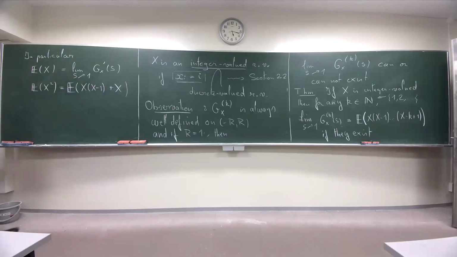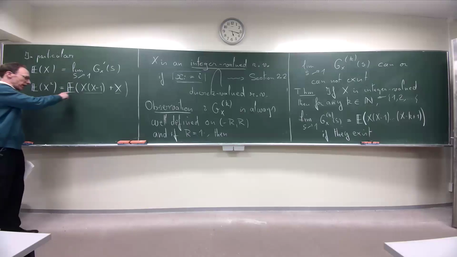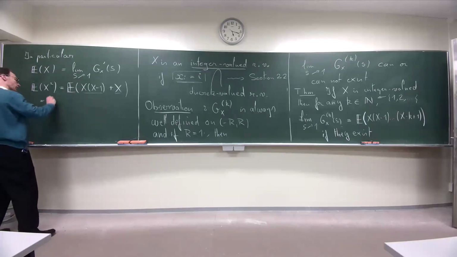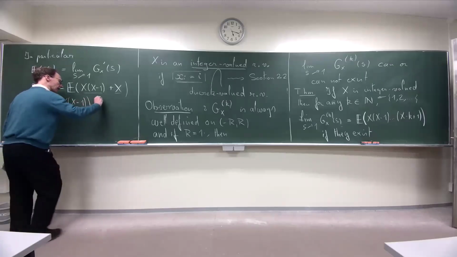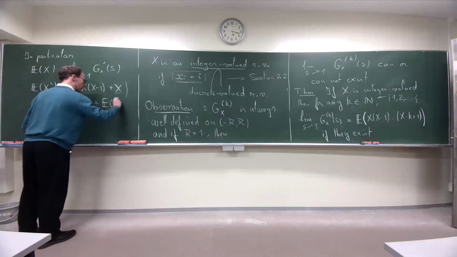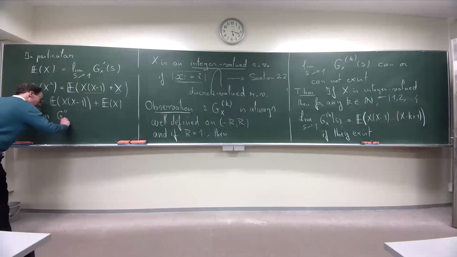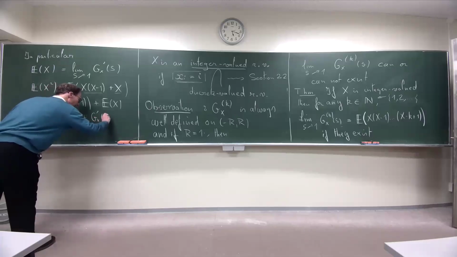And just before I mentioned, whenever you have two random variables, the expectation is linear, so I can write this as the expectation of the first one plus the expectation of the second one. And now if I use this formula, we have that this is equal, if it exists, the limit when s goes to 1 of g second derivative plus g first derivative.